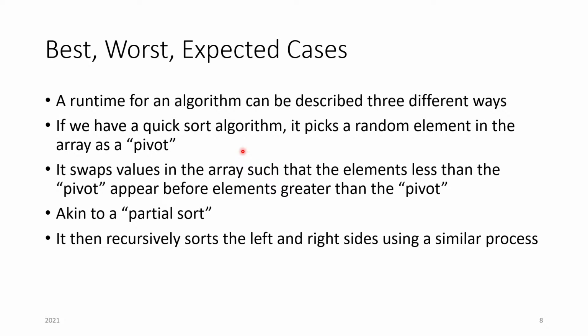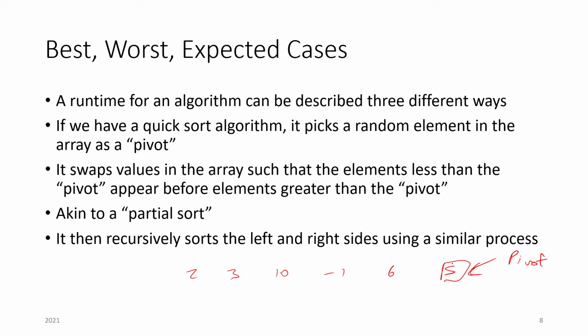So just to illustrate what this looks like, let's say we had 2, 3, 10, -1, 6, and 5 here. And let's say we choose 5 here as our pivot. So anything that's less than 5, we're going to put to the left of it, and everything that's greater than 5, we're going to put on the right.